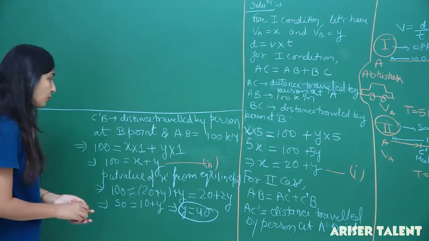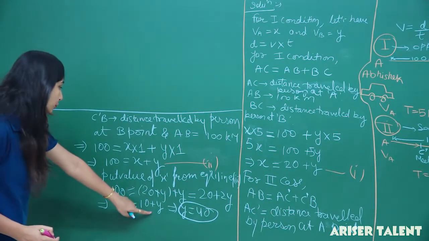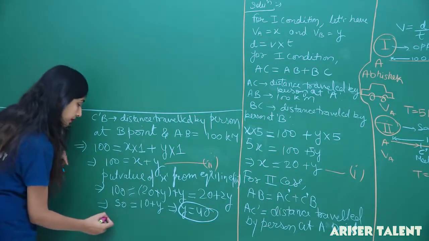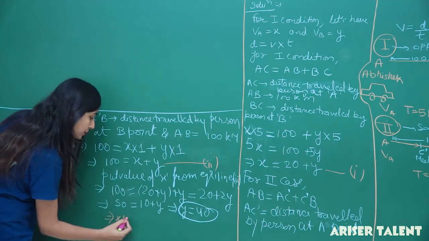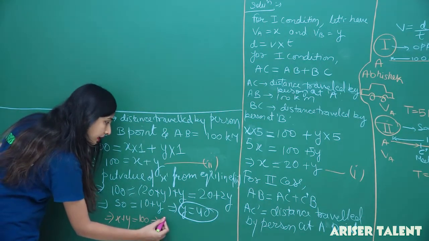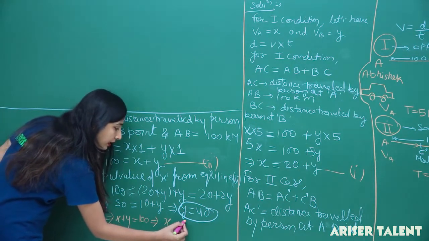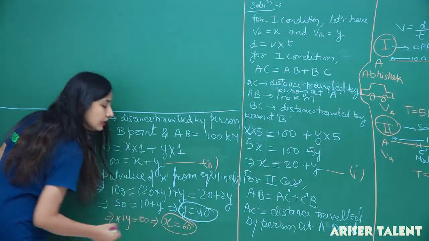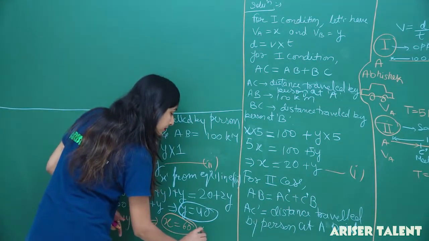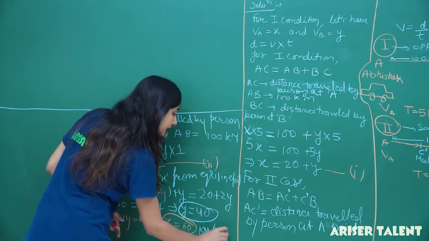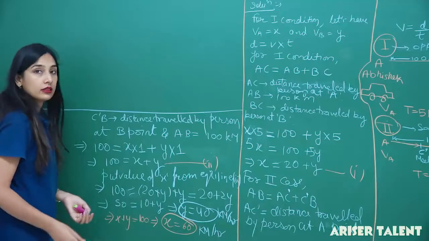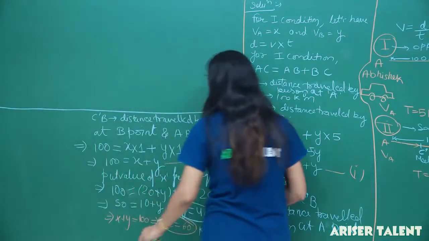If y equals to 40, x plus y equals to 100, this implies that the value of x will be 60 kilometer per hour, and y is 40 kilometer per hour. So this will be the answer.